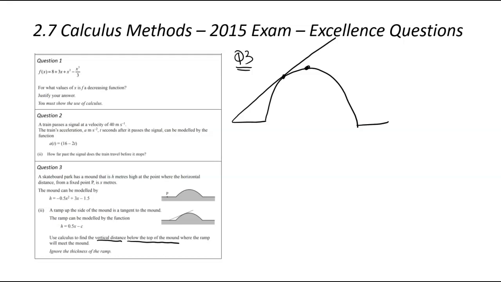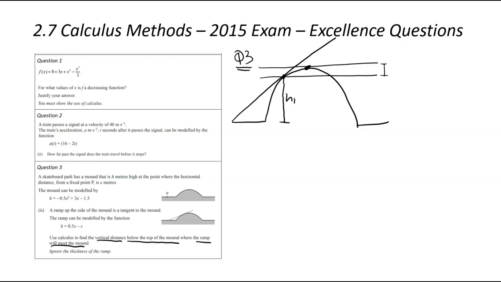So the top of the mound, let's say that's over here. You would have a horizontal line going that way, that would be the maximum height of the mound. And that's where the ramp will meet the mound. So we're trying to find this distance over here. What's that gap? That gap is going to be the difference between this part here. So let's call that H1.